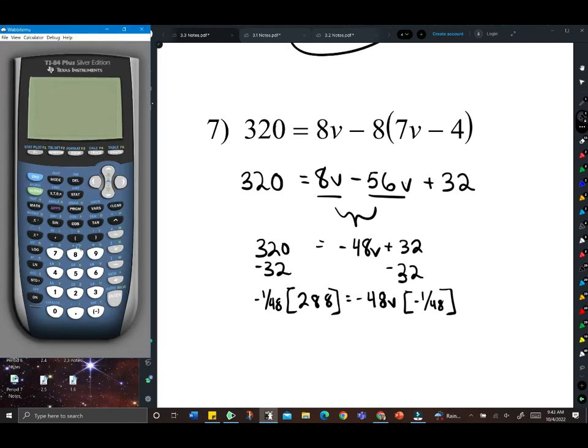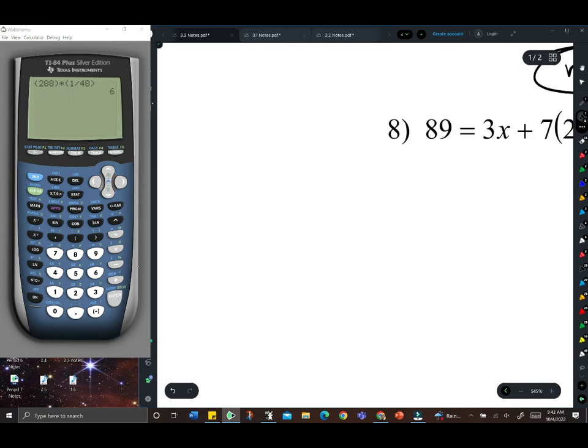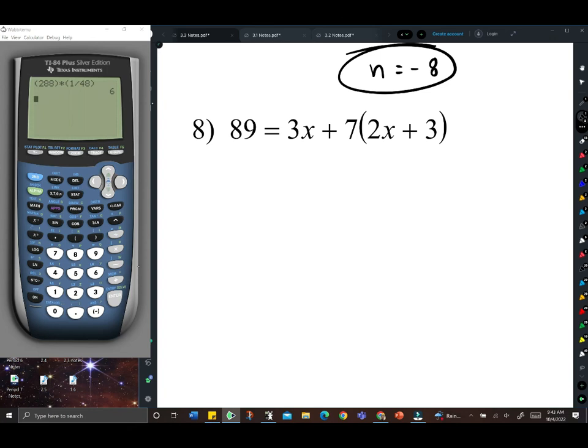Oops. 288 times 1 over 48. Make it negative. Negative 6 is equal to V. And number 8, distribute.